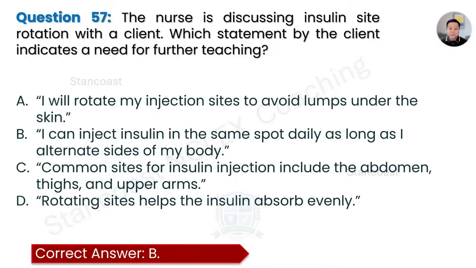So you got to pay attention to the keywords same spot daily, which indicate an incorrect practice. Letter A, this is an accurate statement, and there's no need for you to reinforce the teaching. The same thing with letter C and letter D.